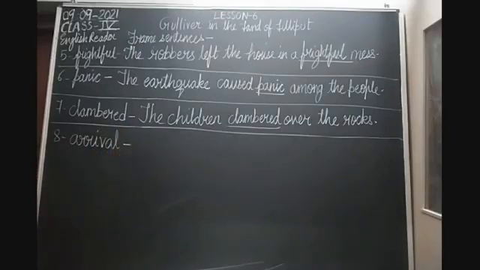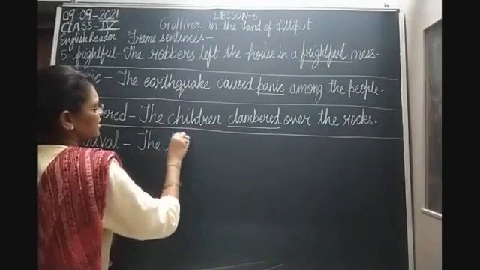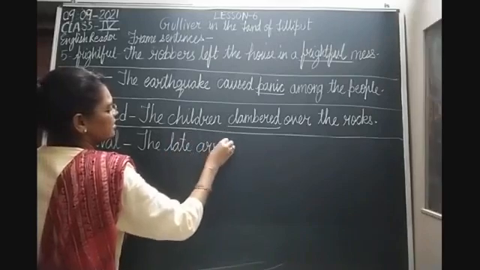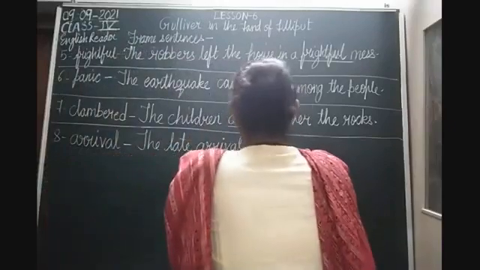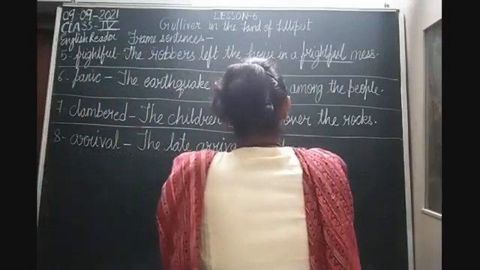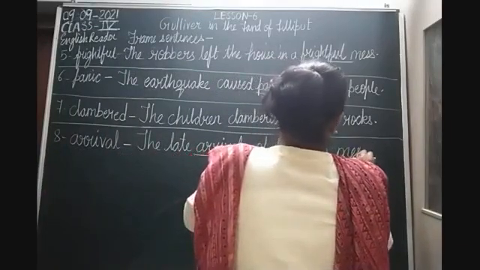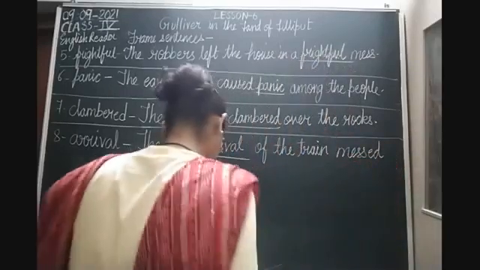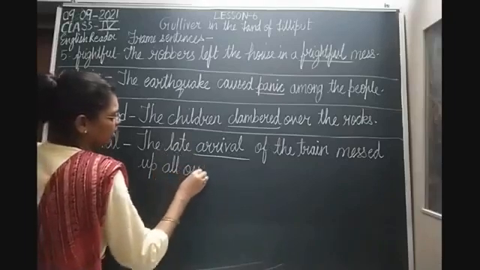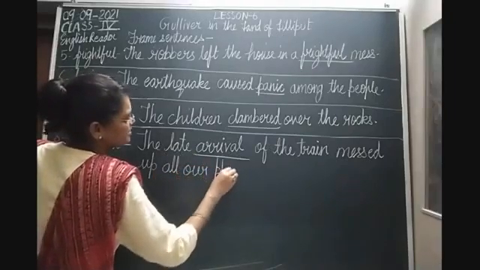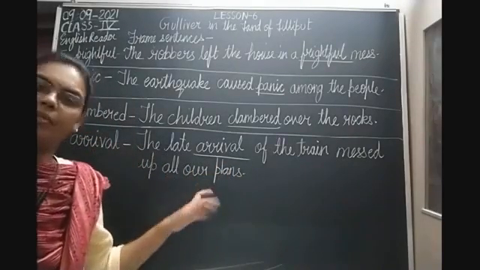So, our sentence is the late arrival of the train messed up all our plans. कि ट्रेन लेट आई, उसके कारण हमने जो भी प्लान्स बनाए थे वो सब बेकार हो गए.